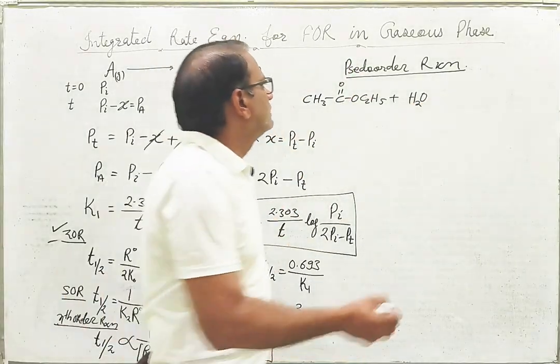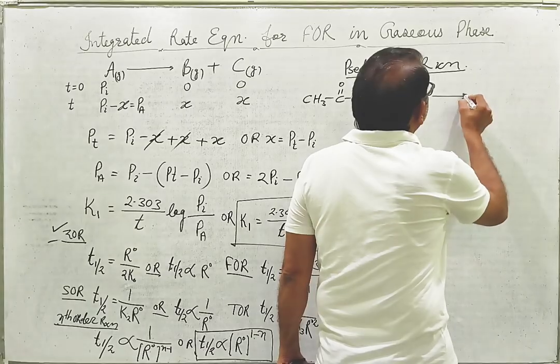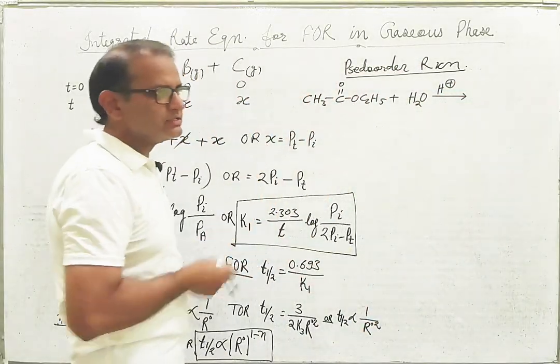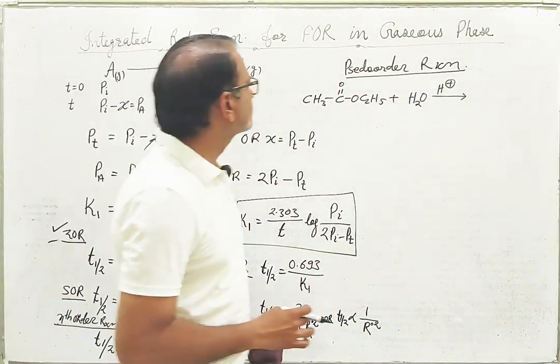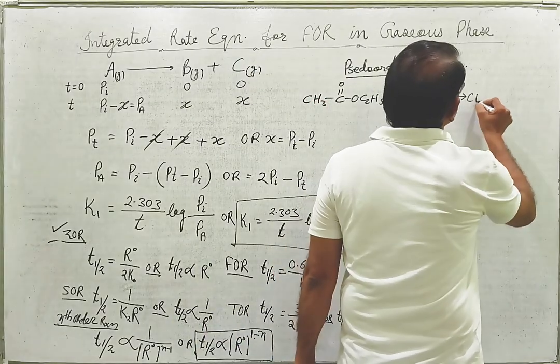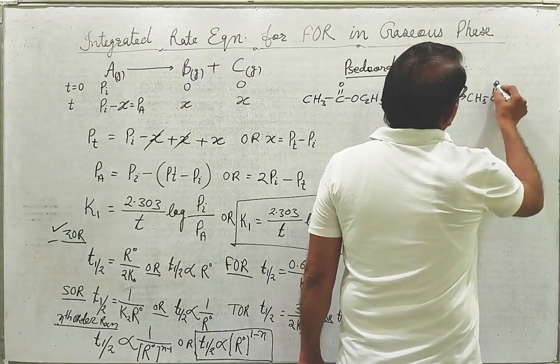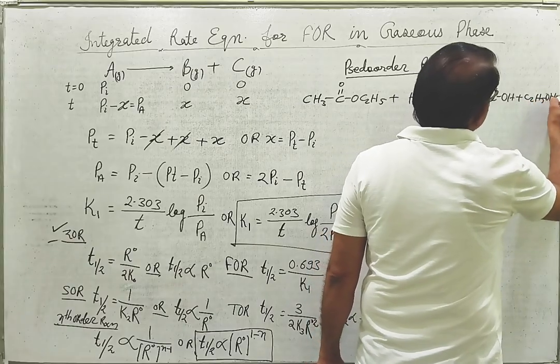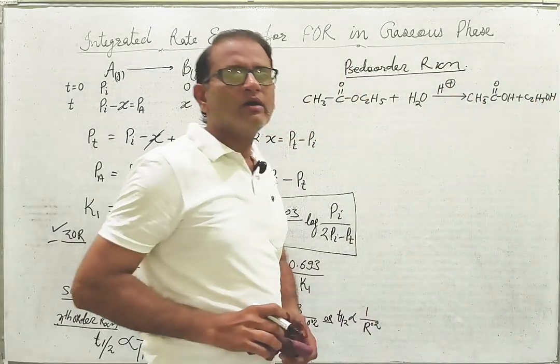And in acidic medium, the acidic ester hydrolysis. So what will we get? CH3COOH plus C2H5OH, that means acid plus alcohol.